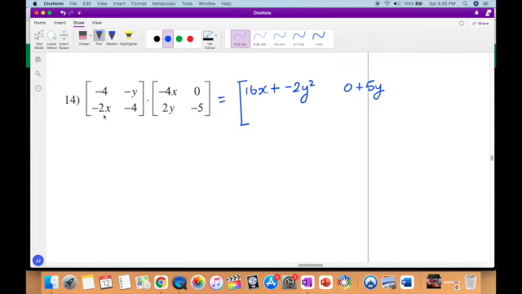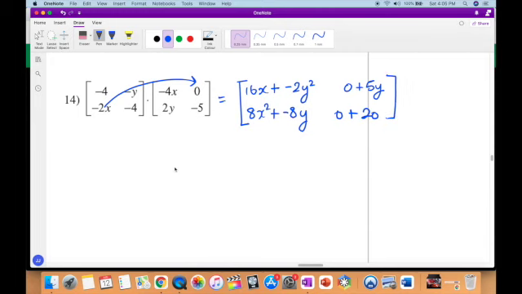Then over here we have negative 2x times this negative 4x. 4 2s are 8, so that's positive 8x squared plus negative 4 times 2y. 4 2s are minus 8y. Then finally, we're going to end up with this and this. So negative 2x times 0 is 0, plus 5 4s are positive 20.